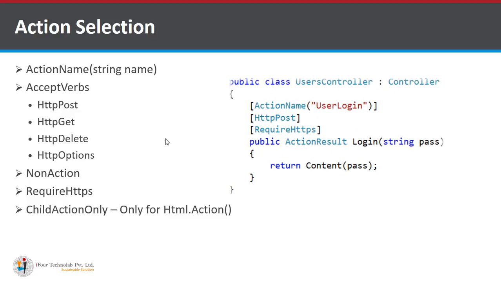Here you can see an example. Here you can see there is an ActionResult Login. First of all, the action name should be UserLogin, so the name of the action will be UserLogin, not Login. AcceptVerbs is HttpPost, so whenever the HTTP post fires, this action will be called. RequireHttps, so it will require HTTPS.